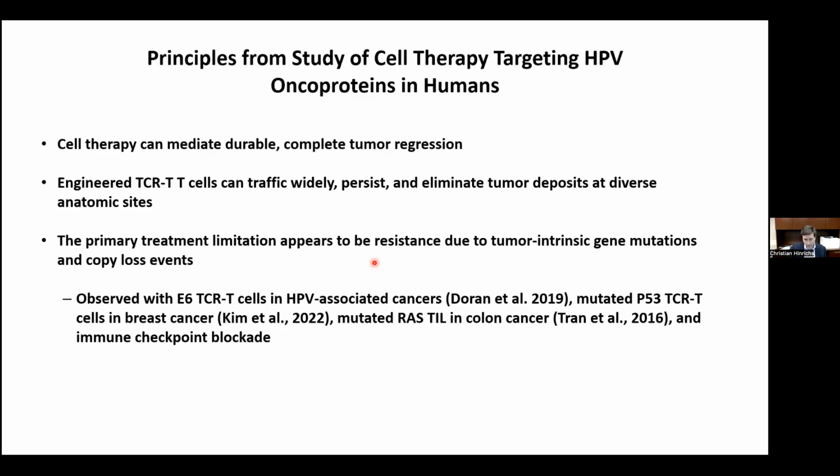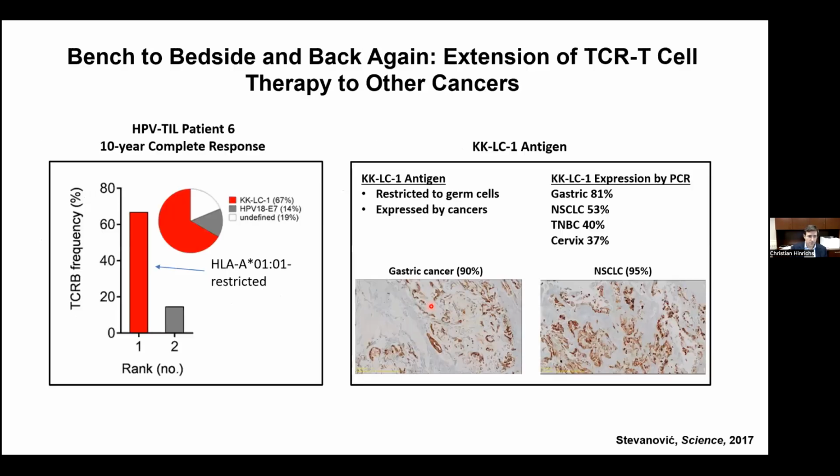So I think that while there are potentially many limitations to T-cell based therapies in different settings, certainly in this setting of adoptive T-cell transfer, the primary limitation, I believe, is in the tumor and these molecular mechanisms of resistance.